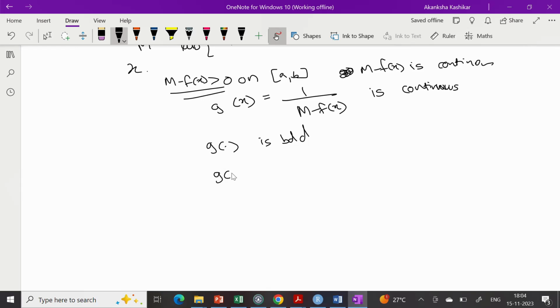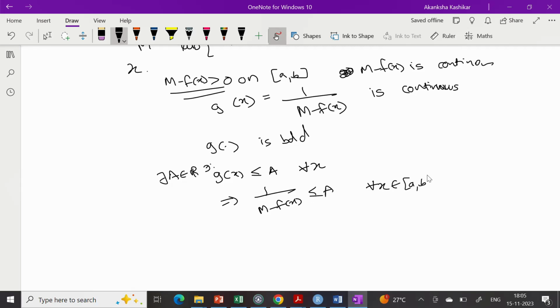So g is bounded above means g(x) is less than or equal to some a. So there exists some a in R such that g(x) is less than or equal to a for every x. This would imply 1 upon M minus f(x) is less than or equal to a for every x in [a, b]. We have used the first half of this.